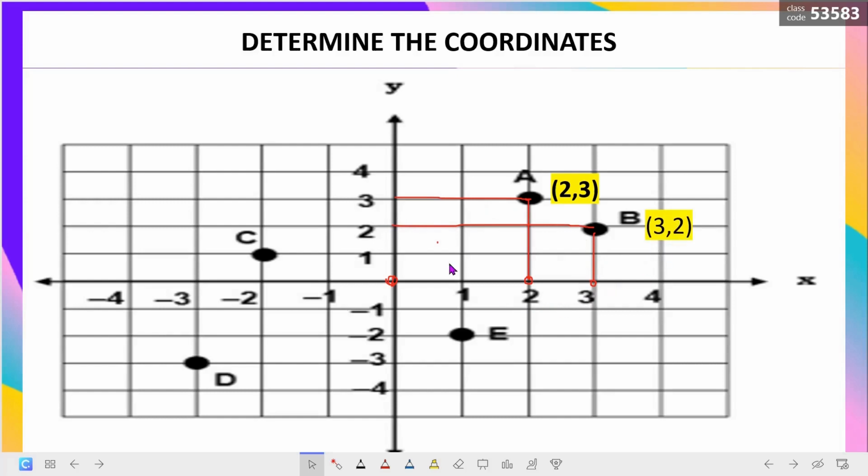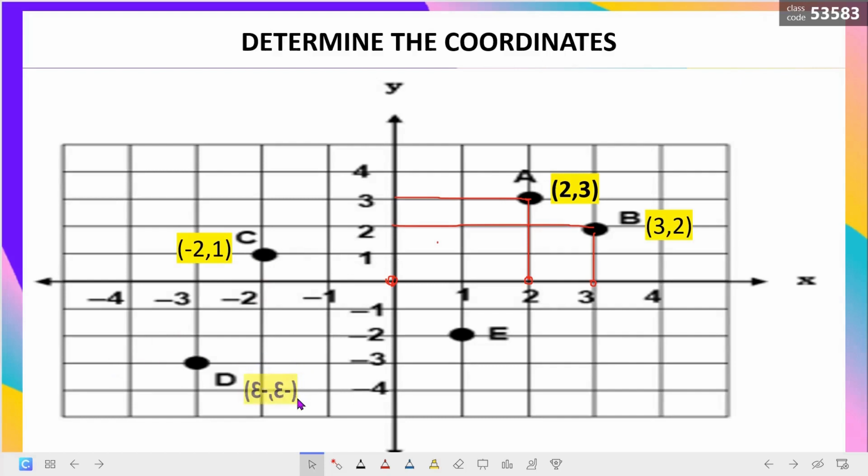Therefore, in writing the ordered pair, x is 3 and the y coordinate is 2. I'm sure by this time you can easily and quickly give me the coordinates of the remaining points. Point C has the ordered pair -2, 1. You can see this is -2 and the y corresponds to +1. And what about point D? You are right.